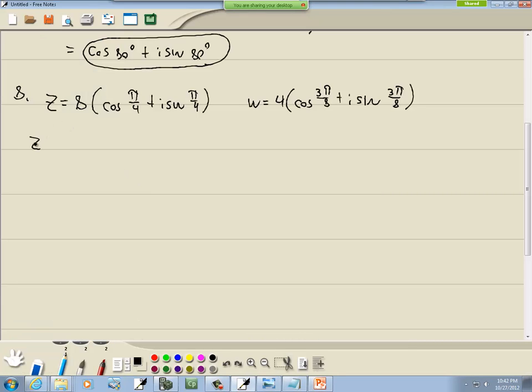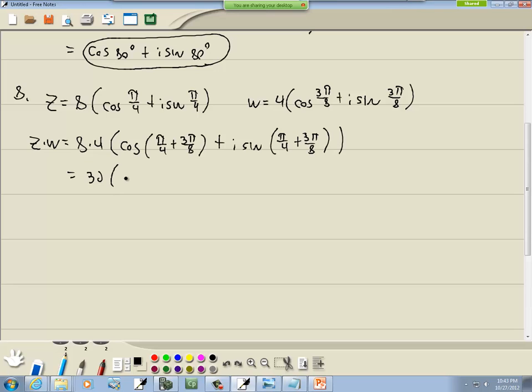So we're going to take Z times W. We're going to multiply our r's, so we take 8 times 4, and then we add our angles. So we've got cosine of pi over 4 plus 3 pi over 8, plus i sine of pi over 4 plus 3 pi over 8. Well, 8 times 4 is 32. And we have to get a common denominator to add these together, which would be 8.